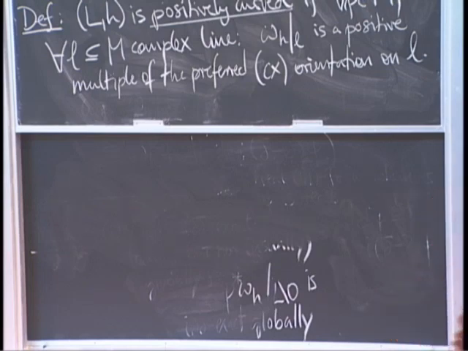Sorry, say that again? No, the curvature form is a form on the base. So I want to restrict it to complex lines tangent to the base, or if you want, holomorphic curves in the base.